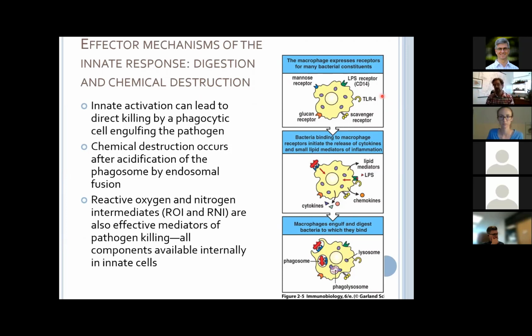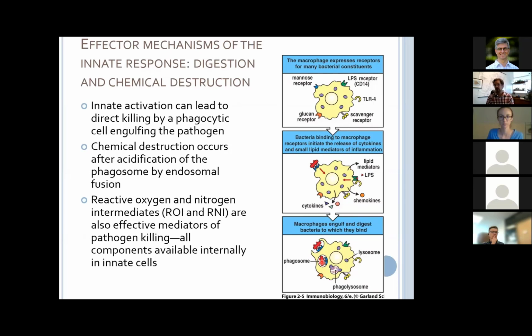And so they will literally eat and take in the pathogens, and they will put them in little vesicles inside the cell, and they will try to kill the pathogen inside those vesicles. And they'll do that through chemical means.